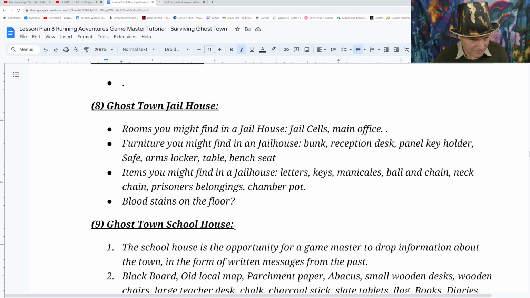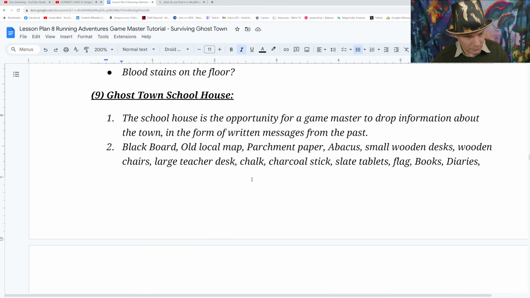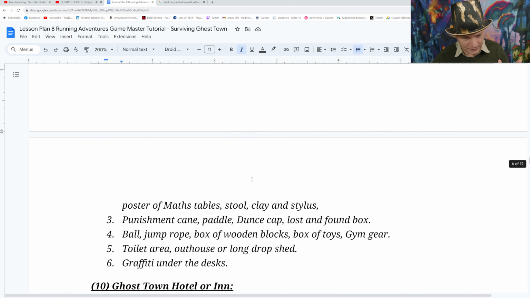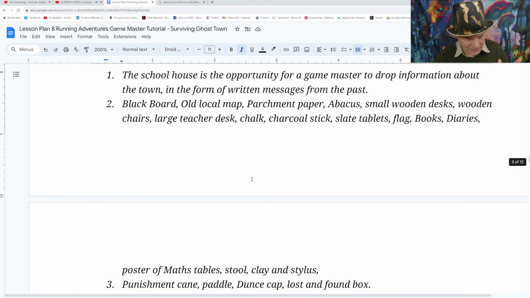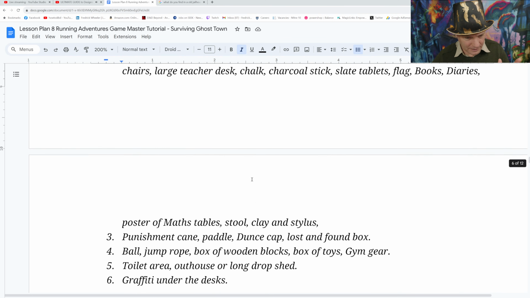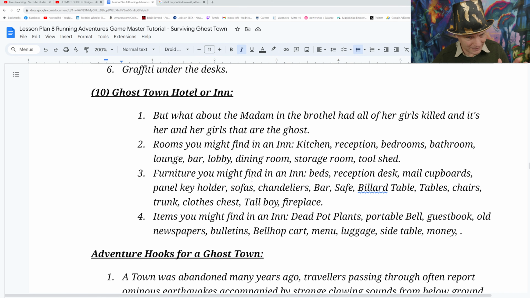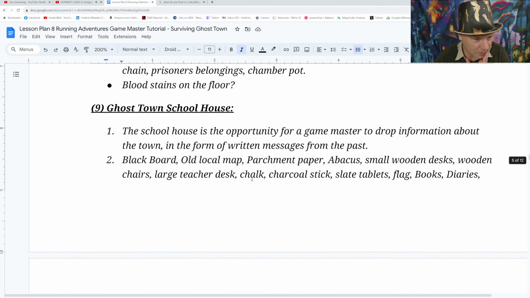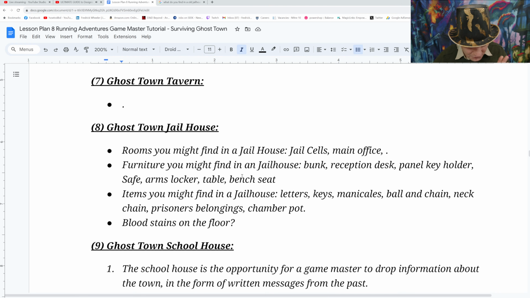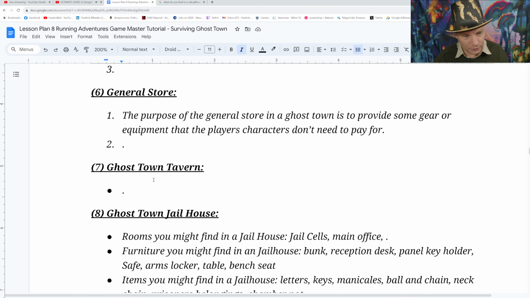Oh, sure. So I'm just working on the jailhouse right now. You want to know what other locations we have. We already worked on the schoolhouse, and then we've also done the hotel inn. What we're also going to work on today, once we've done the jailhouse, is the tavern or the saloon. Right, this is where you get pissed.